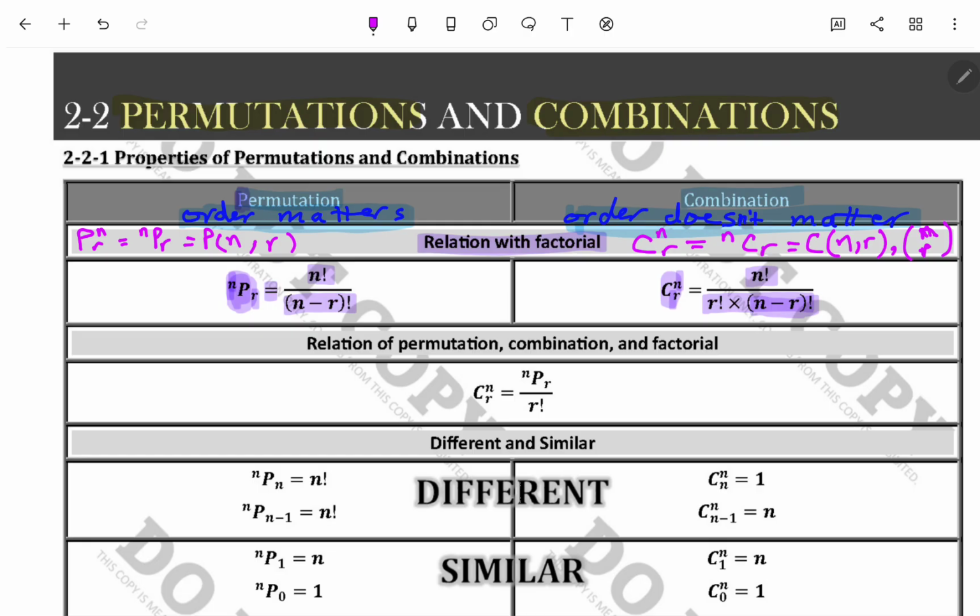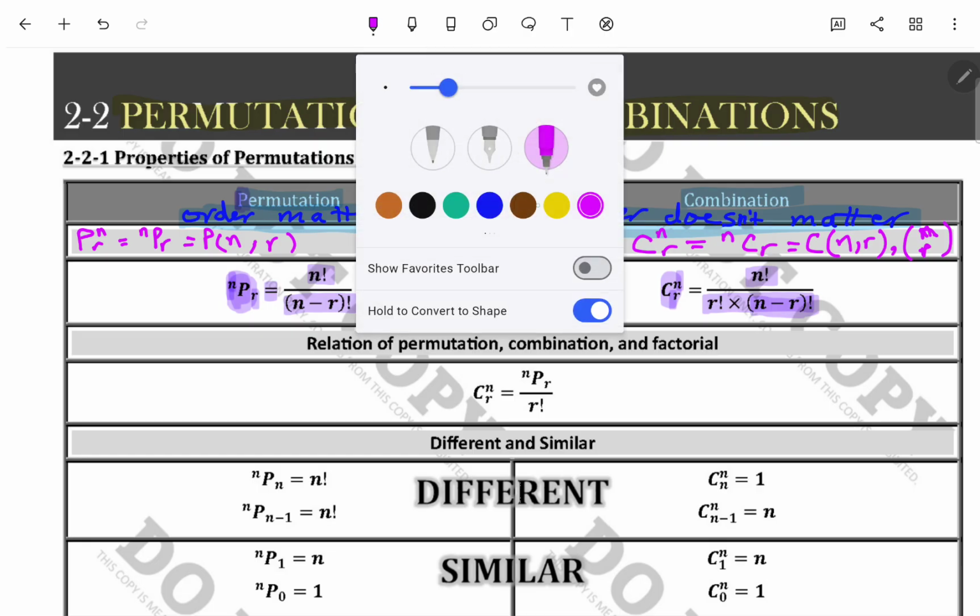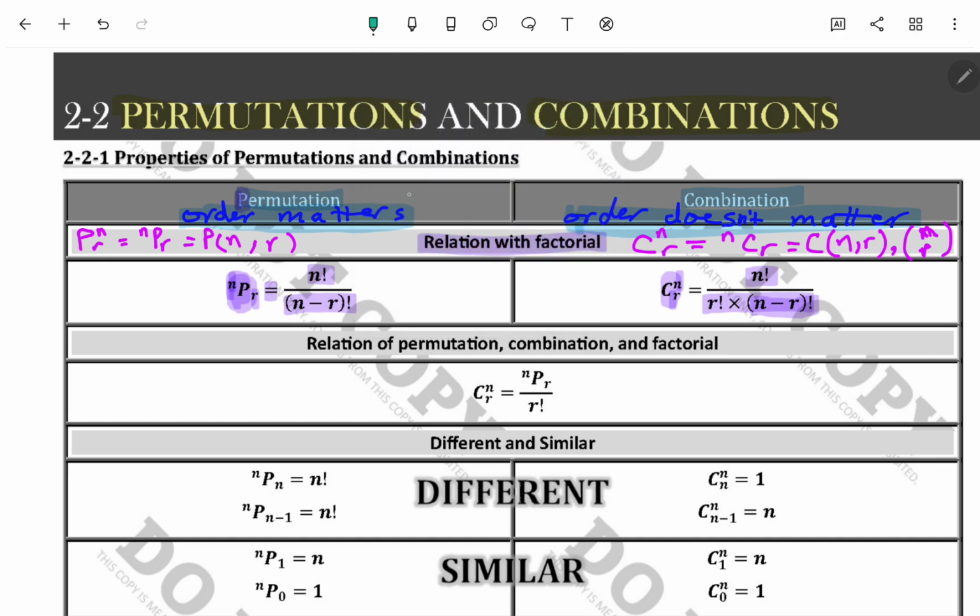And always we have to focus on the values of n and r. Always n should belong to natural star, or we can say Z positive.